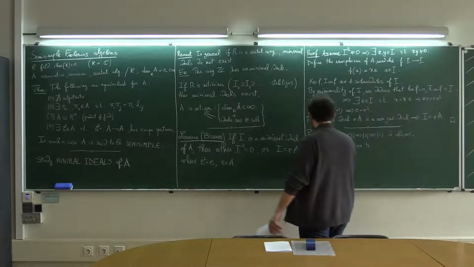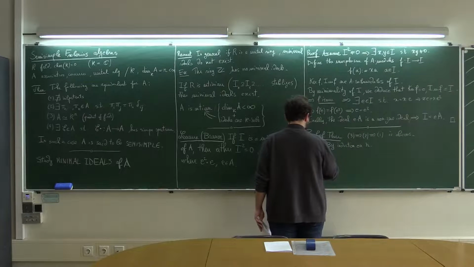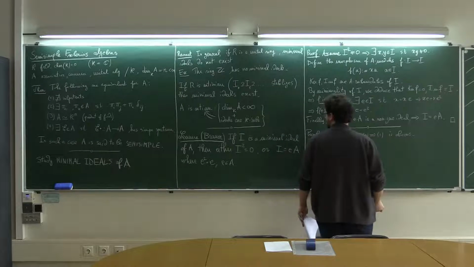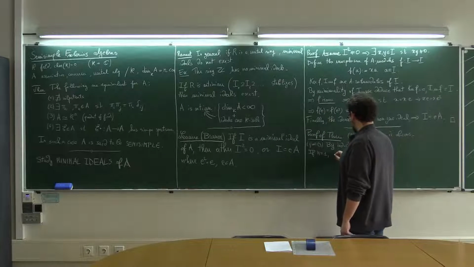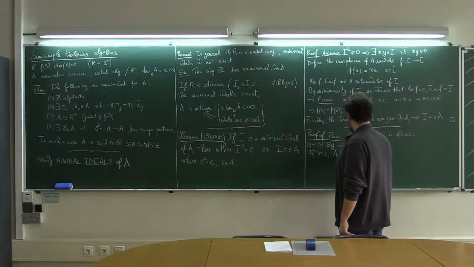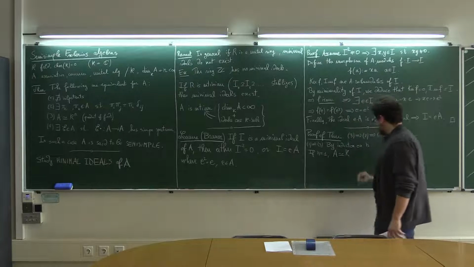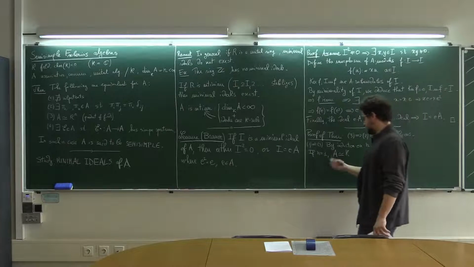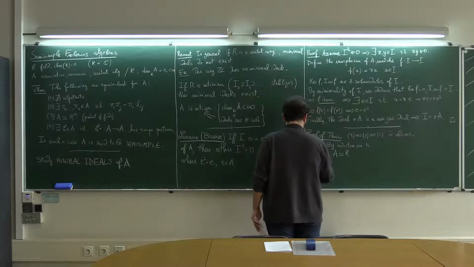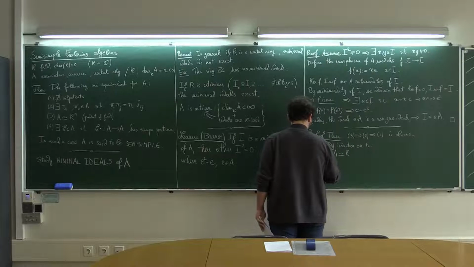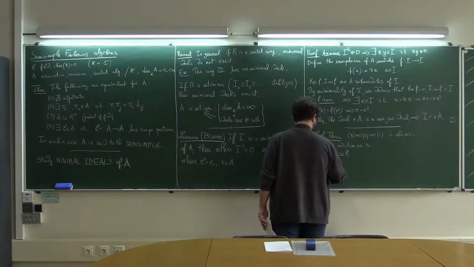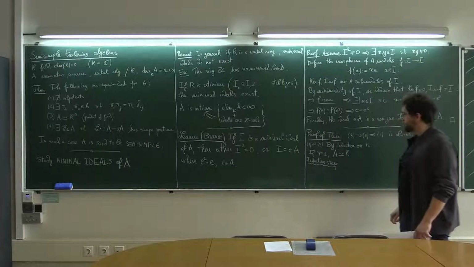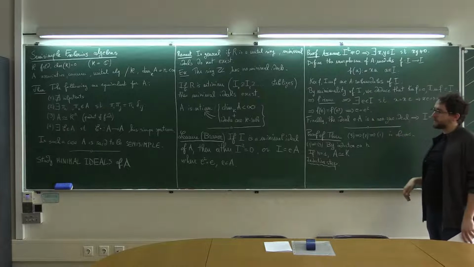So if n is equal to 1, A is a one-dimensional K-vector space, so it is clearly isomorphic to K. And this is the content of point 3. So, inductive step. Assume that the statement holds true for n minus 1.